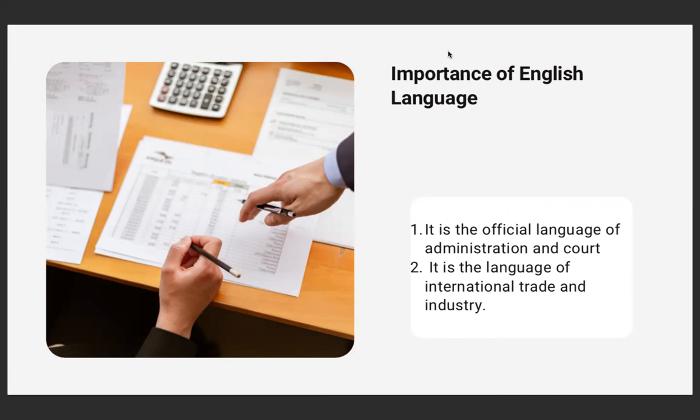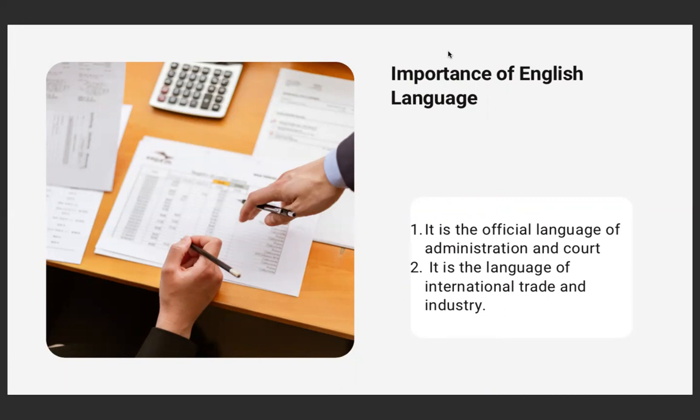As English is an international language, we can expand our business, our trade and our industries if we know it.